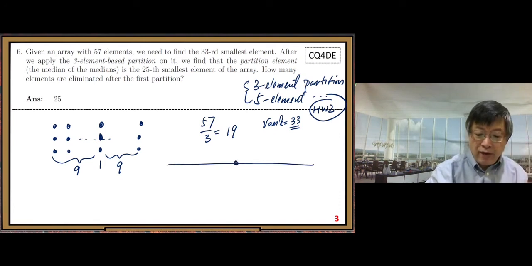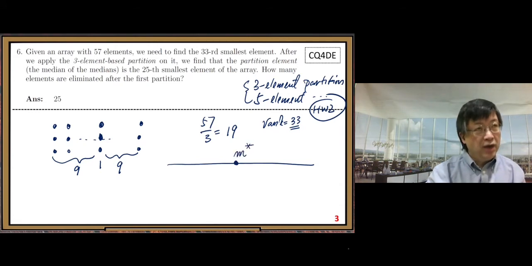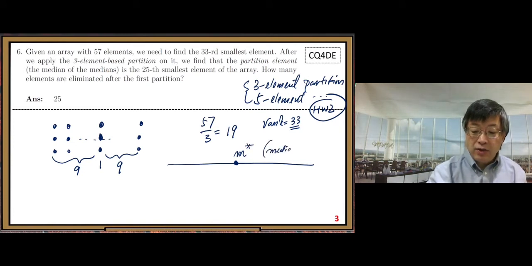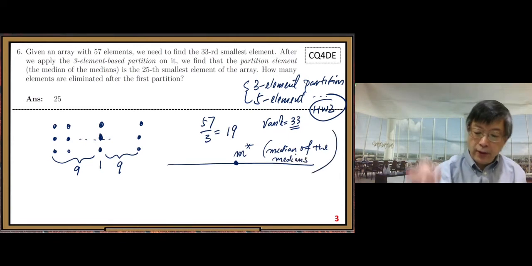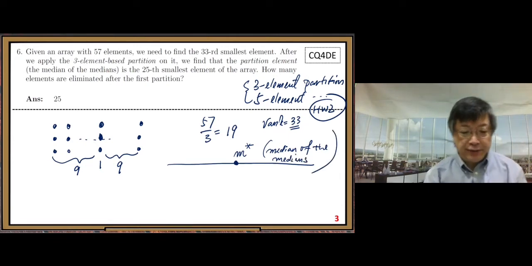Remember, we have a partition element. Our partition element is M star, okay? The median of the medians. All right, based on our story, median of the medians.